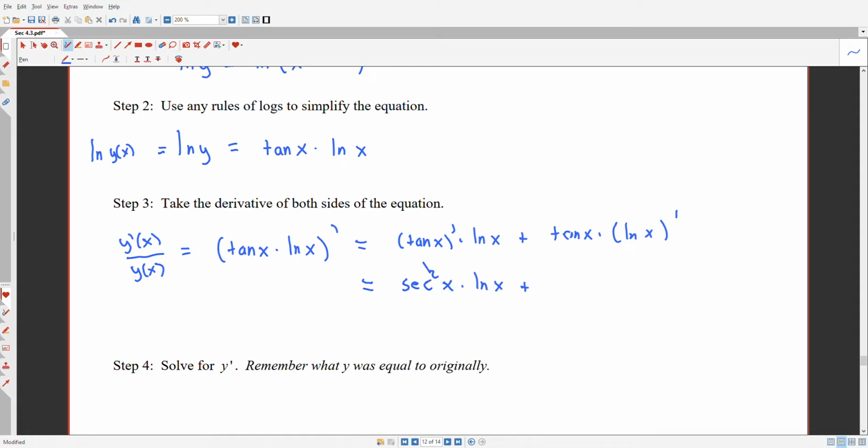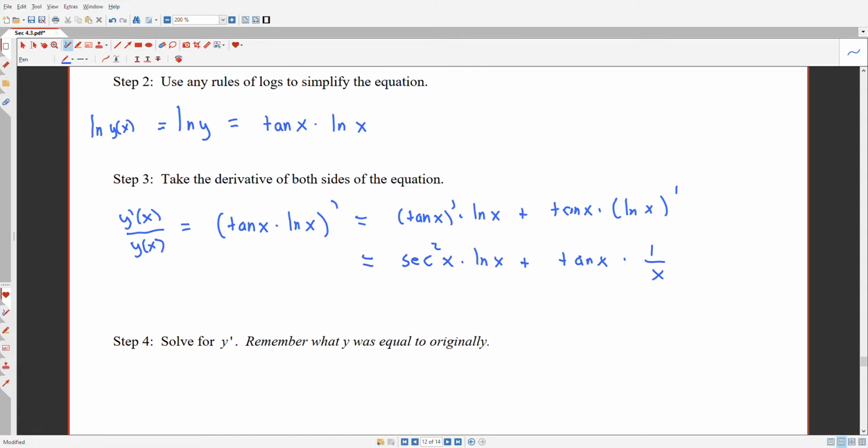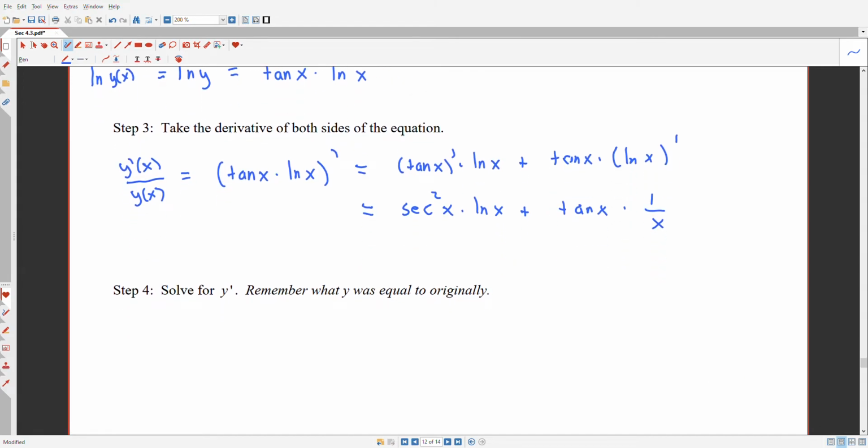And for the second term, the derivative of natural log is 1 over x. That's a weird looking expression, but okay.